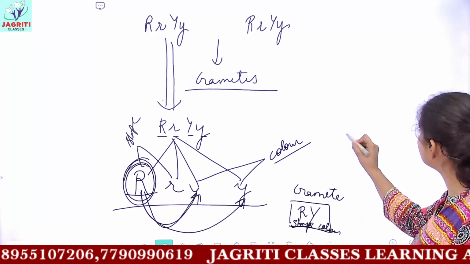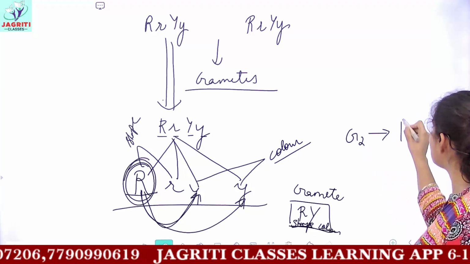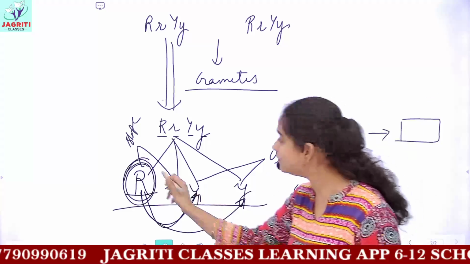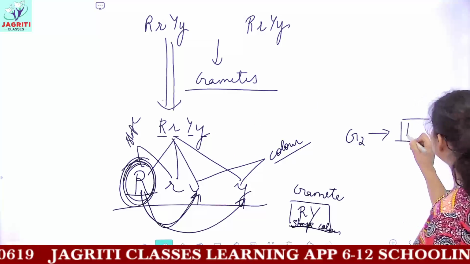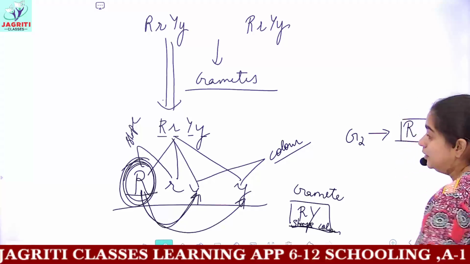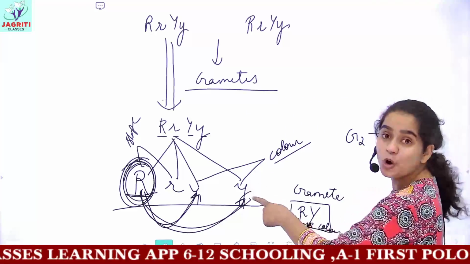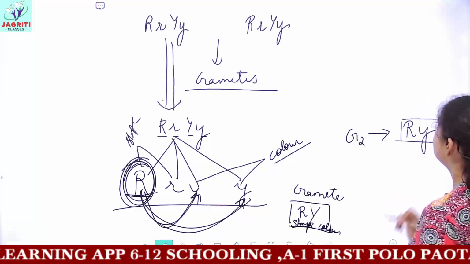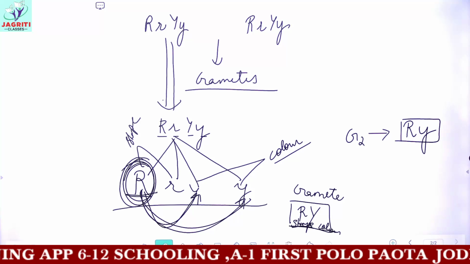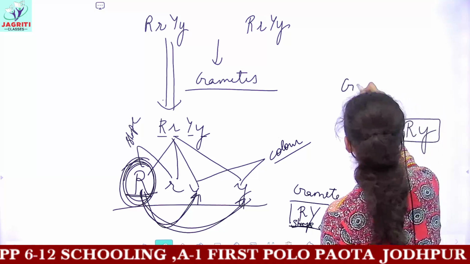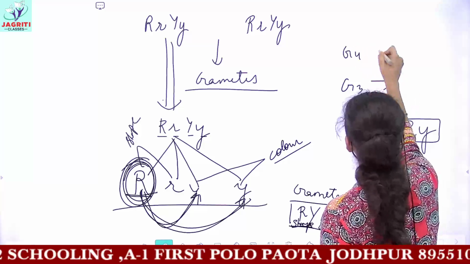Now what would be the second gamete which would be formed? I am keeping this constant, that is I am taking the allele capital R, but with this capital R, next time I am taking the allele small y. So the next gamete would be capital R and small y. And in this way you can form the third gamete and the fourth gamete.